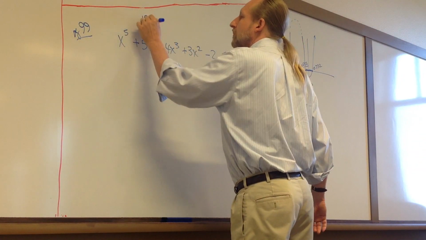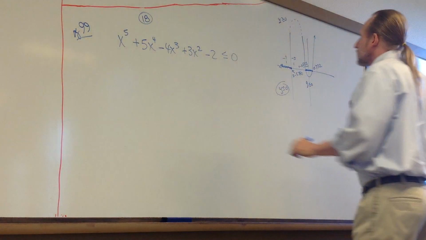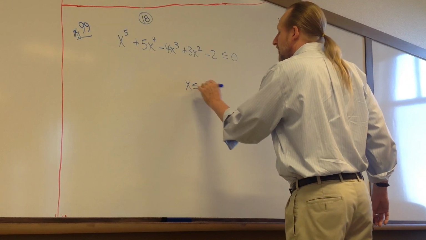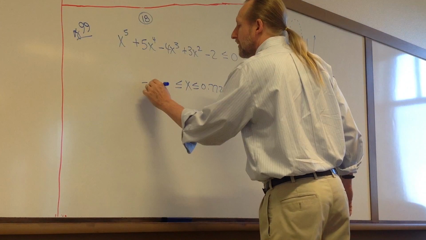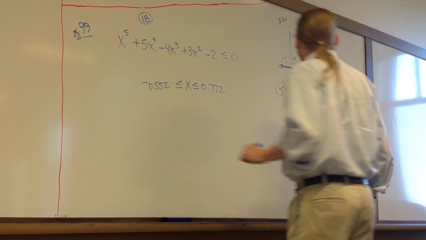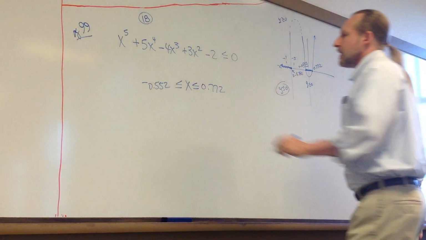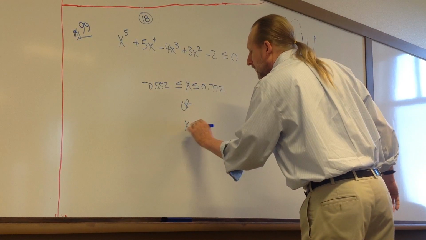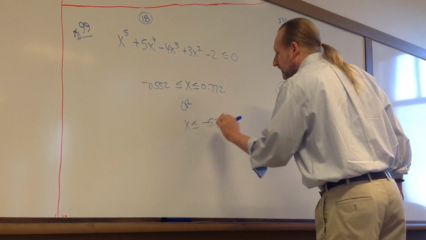Oh, I forgot to write down the number for this one, 18. Okay, where is y less than or equal to 0? So x less than or equal to 0.772, but greater than or equal to -0.552. And then over here, or x less than or equal to -5.780.